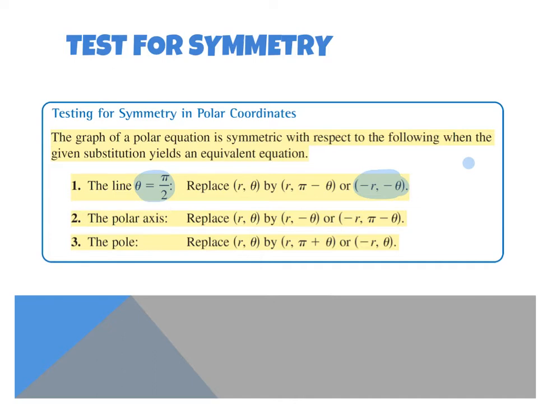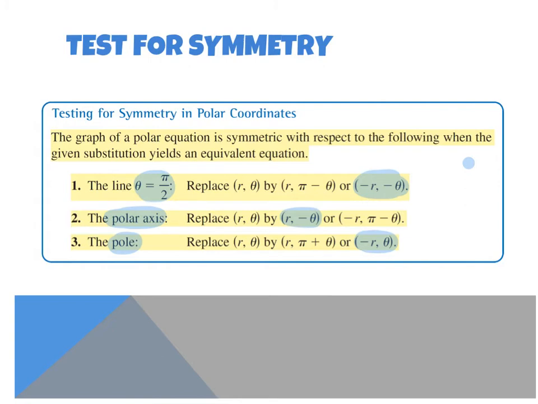Then if it's the polar axis, I change just theta and see if it goes back to the original. If it's the pole, then I change just the r. But you'd be adding the pi, so, right?